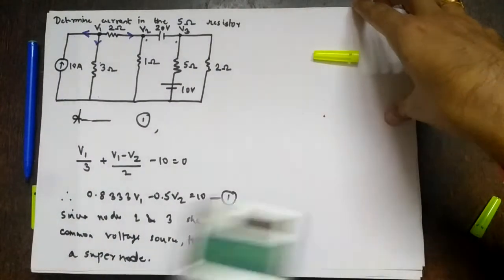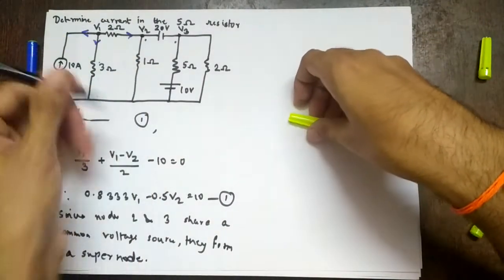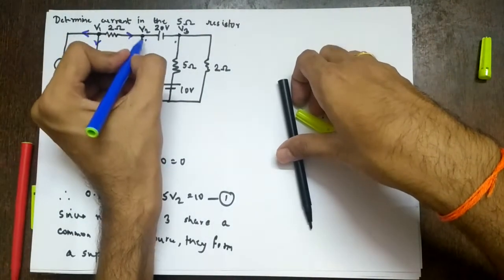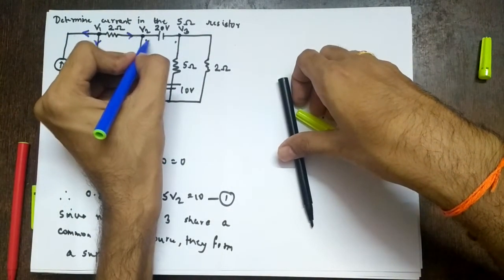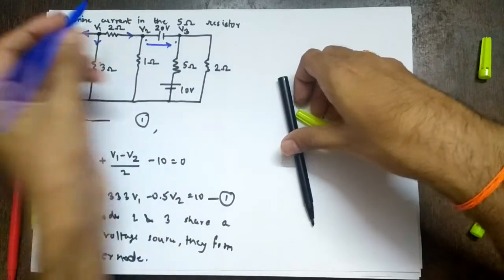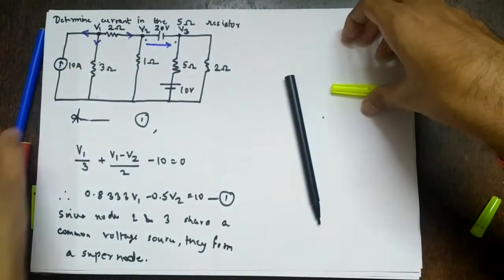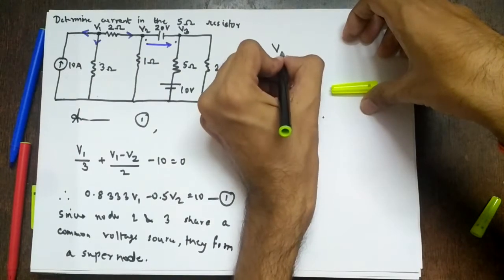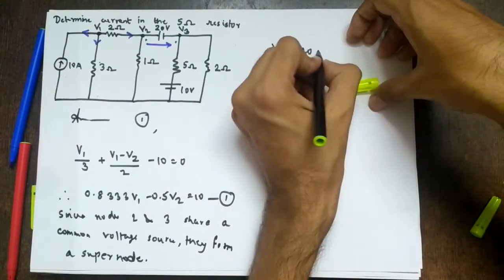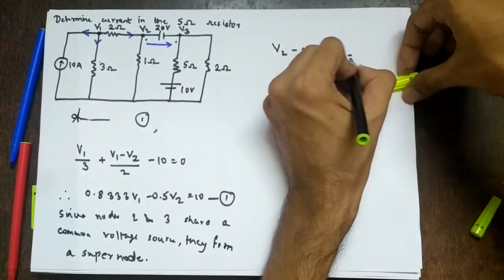Okay. So what can we write directly? Let's say current is flowing away from V2. So current is flowing like this. So what will be the equation? It will be V2 minus 20 minus V3 equal to 0.